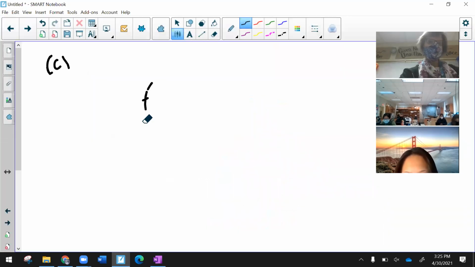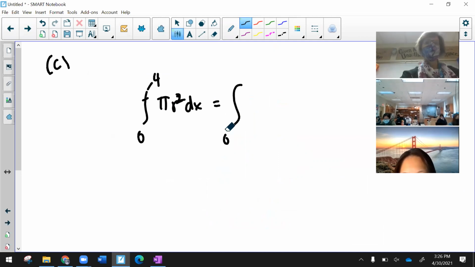So that's going to be my integral, I said from 0 to 4, pi r squared dx. I can pull out the pi. The r, the radius, is y. And y is equal to 4x squared minus x cubed.